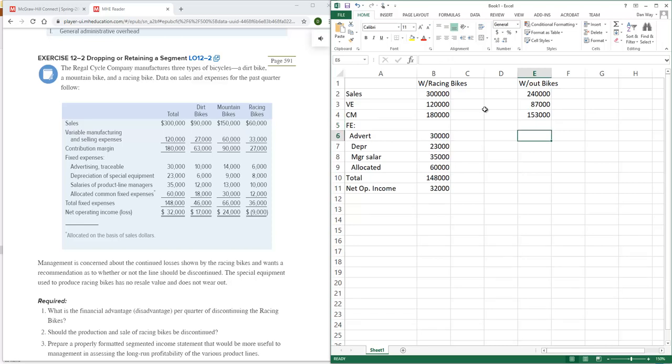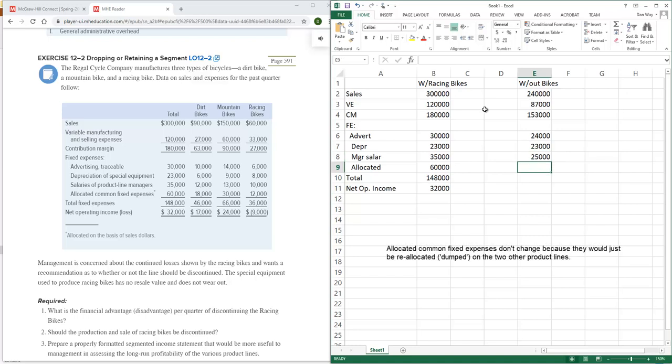Now advertising is entirely traceable, so we would avoid the expense of the racing bike advertising, so we'll back that out. Depreciation, again, that's essentially sunk, so there's going to be no change there. Manager salaries, presumably we will lay off the manager of the racing bike line, so we won't be paying their salary.